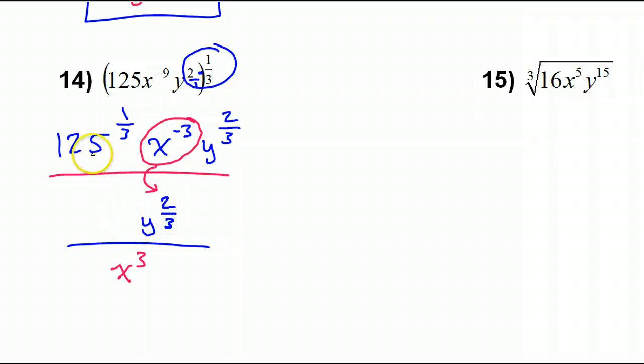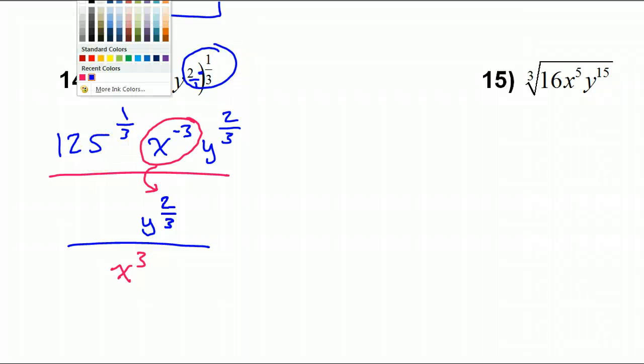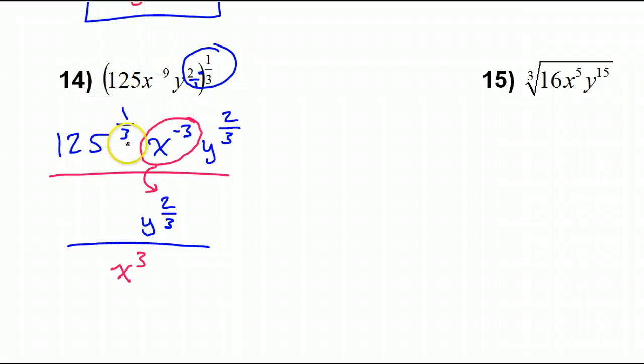So there it is. Now look, off to the side, if necessary, we're supposed to remember this 3 in the denominator is a root, cube root. So 1/3 power is the same thing as the cube root of 125. So we must simplify this. The cube root of 125 is 5.